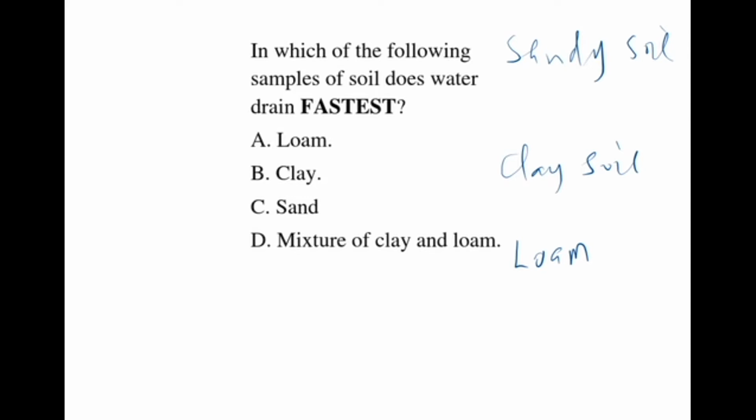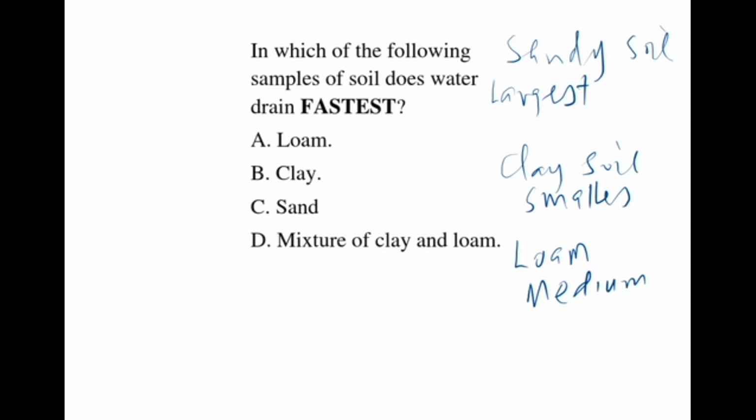Sandy soil has the largest soil particles, clay soil the smallest, while loam soil has the medium size. It is medium because it combines those of sandy soil and clay soil.